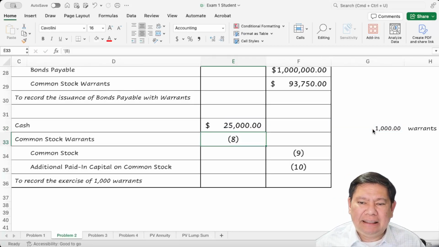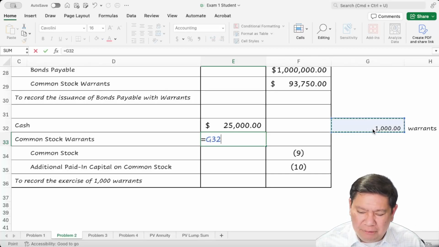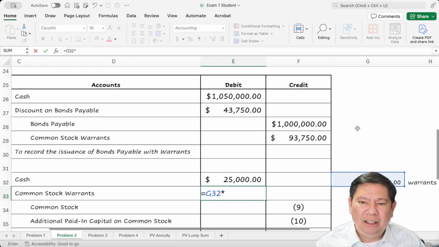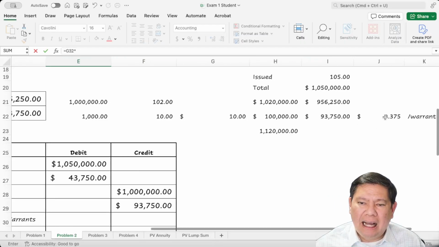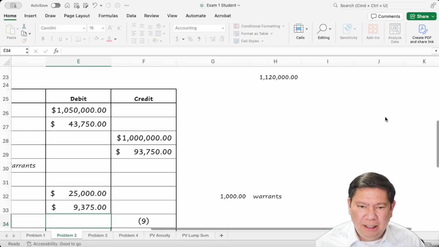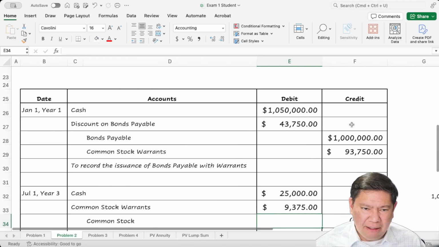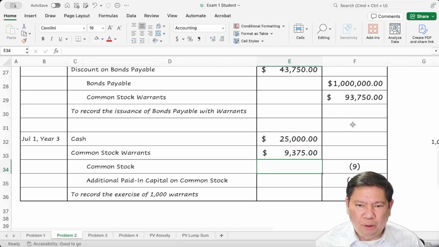We get cash of $25,000. And then common stock warrants, there are 1,000 of them, and each is allocated 9.375, so 9,375 common stock warrants on debit.